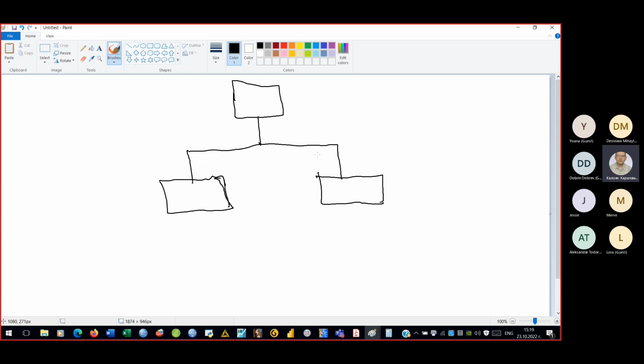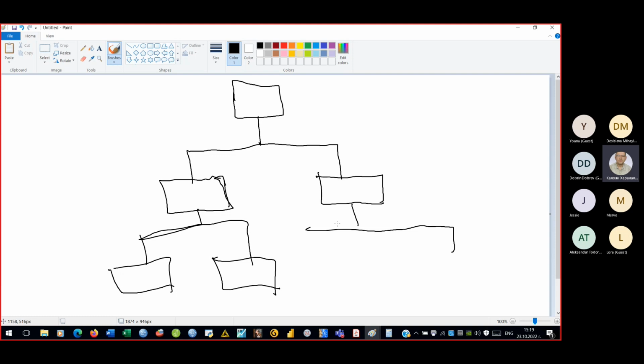After that, each subset is divided according to the second most important factor. But this second most important factor can be different for the different branches of the tree.